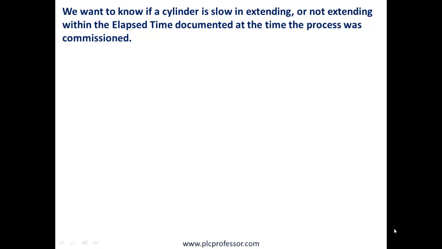Okay, let's talk about code for a minute. Remember that this add-on instruction is going to provide us with diagnostics at a level that would not ordinarily be part of a machine build. So we ask ourselves, we want to know if a cylinder is slow in extending or not extending within the elapsed time documented at the time the process was commissioned.